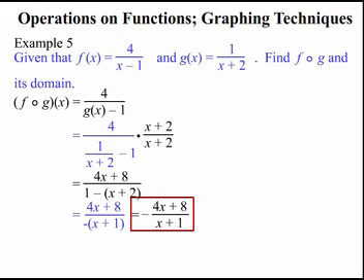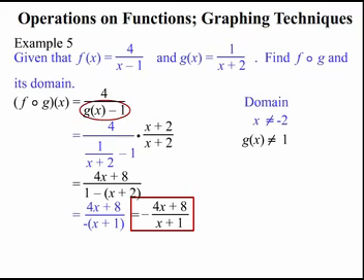All right, now we've got to deal with the domain. Well, we know x cannot equal negative 2 because we have 1 over x plus 2 in the denominator there. So it cannot equal negative 2. It also cannot, g of x cannot equal 1 because we have g of x subtract 1 in the denominator of that function.